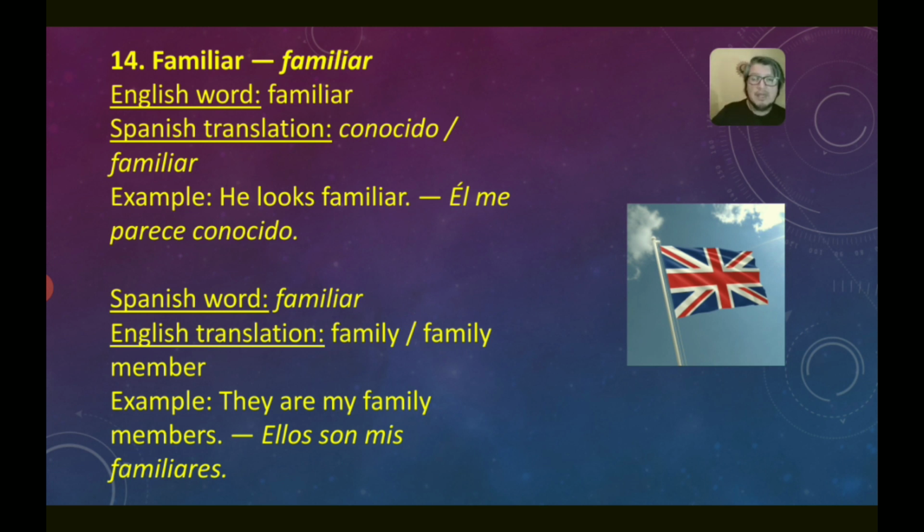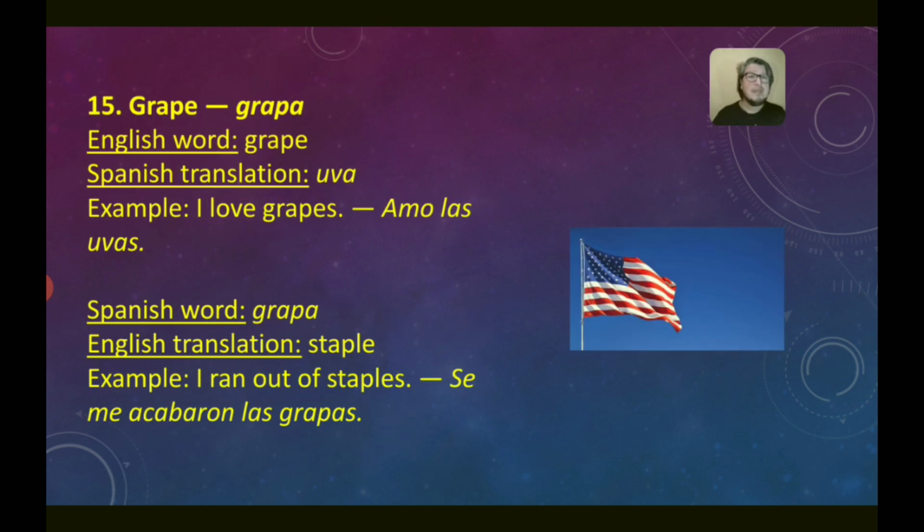Family member is family. And this is a family meeting, a reunión familiar. But it's absolutely different from familiar in English. So pay attention with that. He looks familiar. Él me parece conocido. Let's go to number 15.